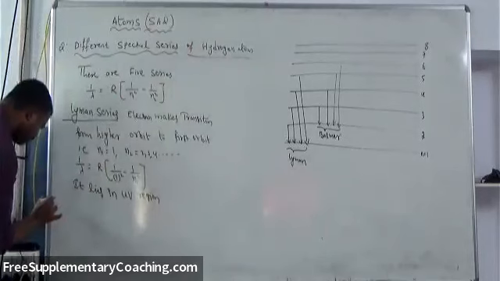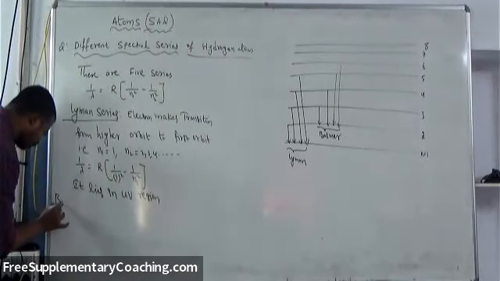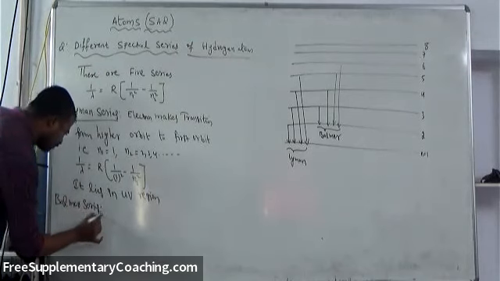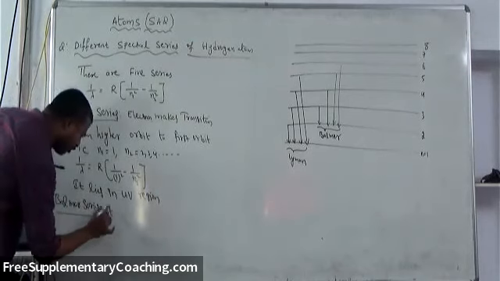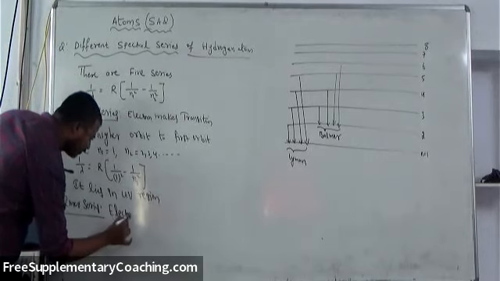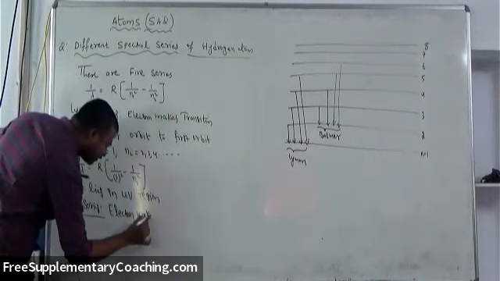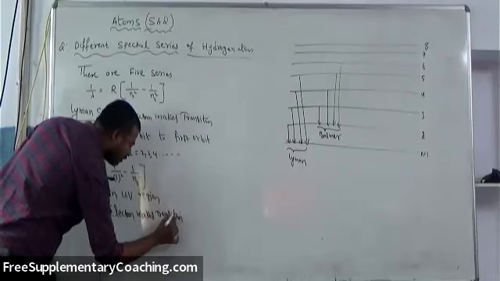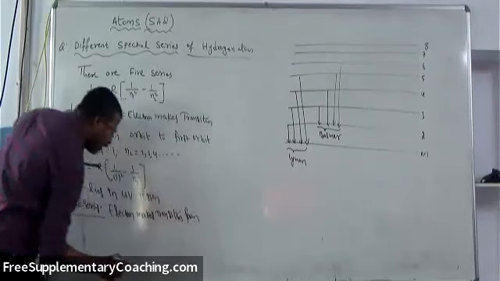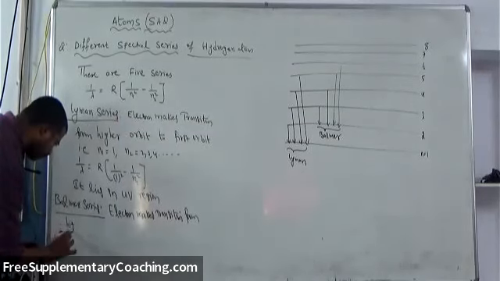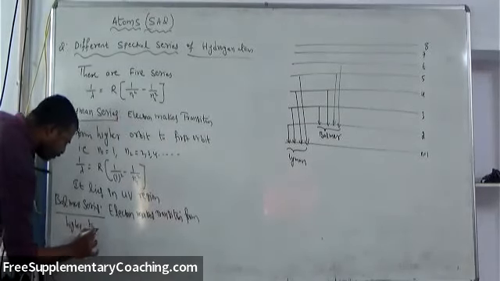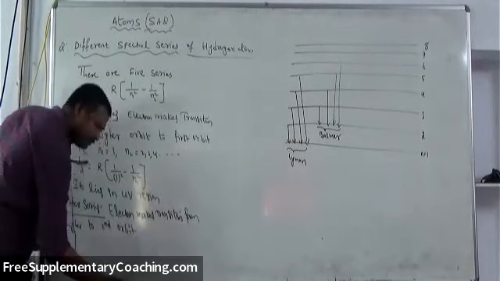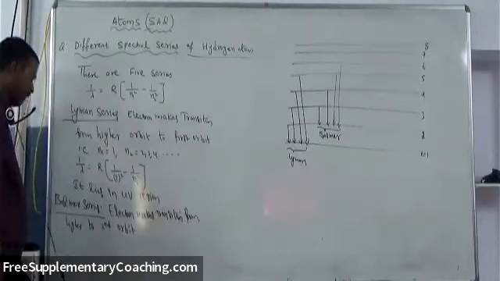Simple. So for the Balmer series, the electron makes a transition from higher to the second orbit.